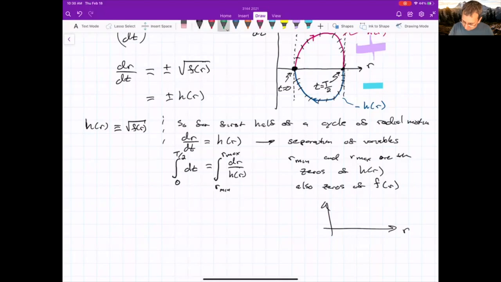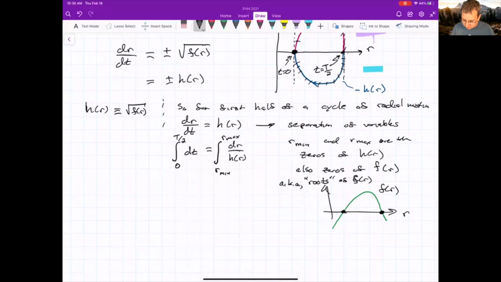If I've got a curve, let's say this is f of r, it'll find those zeros. Sometimes you have to give it an initial guess. If you're familiar with MATLAB, there's something called fzero. You can even just Google root finder. Zeros are also called roots. It's just where that function crosses 0.